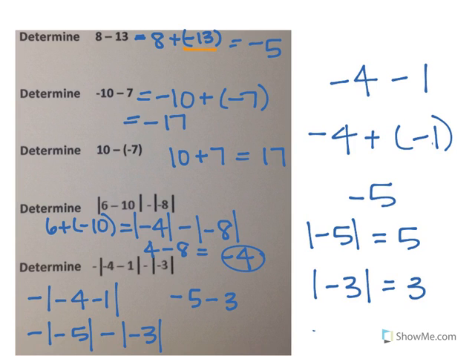And remember, that can be rewritten as negative 5 plus negative 3. And again, when you combine two integers with the same sign, the answer is going to also have that same sign. So negative 5 plus negative 3 is going to be negative 8. So our answer is negative 8.